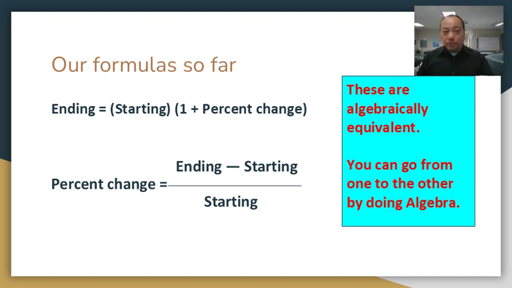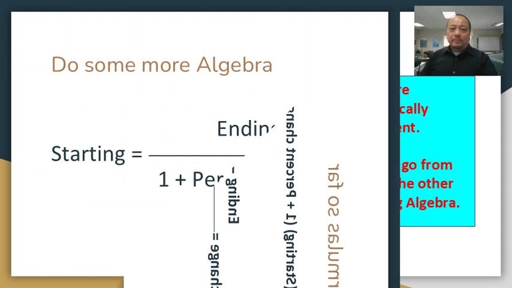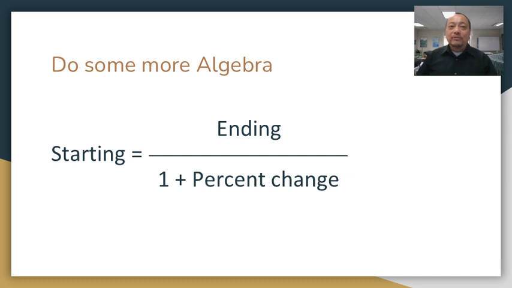You can go from one to the other by doing algebra. So I do some more algebra, and I solve for a starting value, and I get this next formula. Starting value equals ending value divided by all of 1 plus percent change. So all of the 1 plus percent change is in the denominator. This is the formula I'll use to solve the third type of percent change problem.